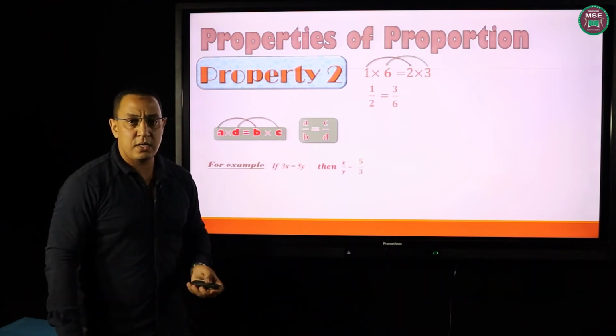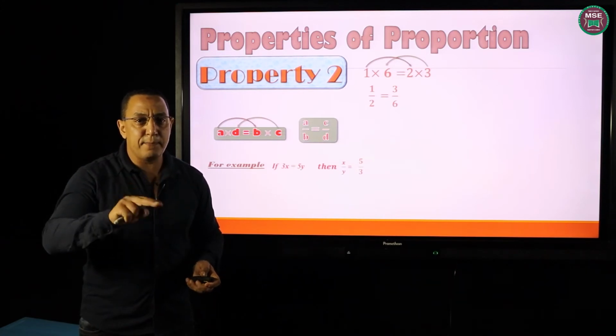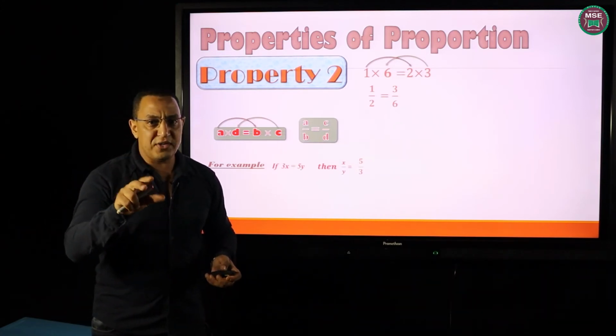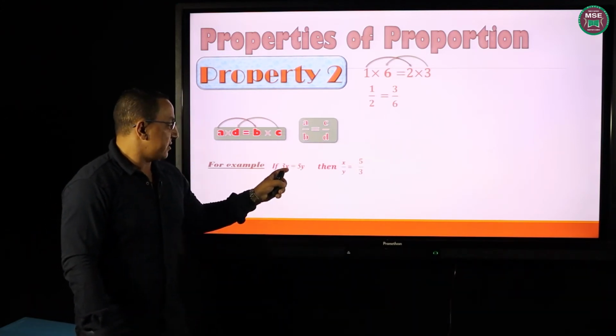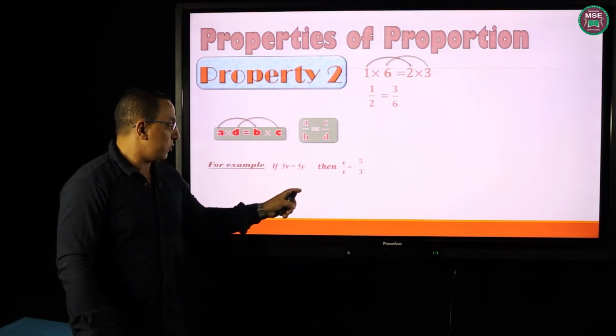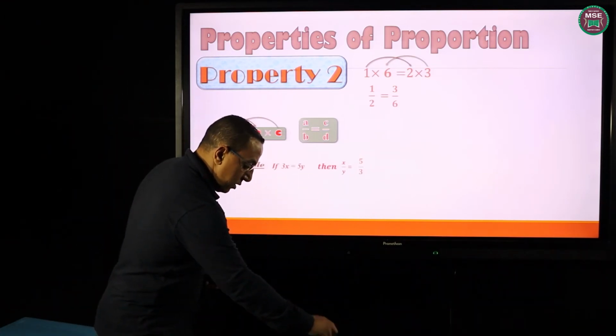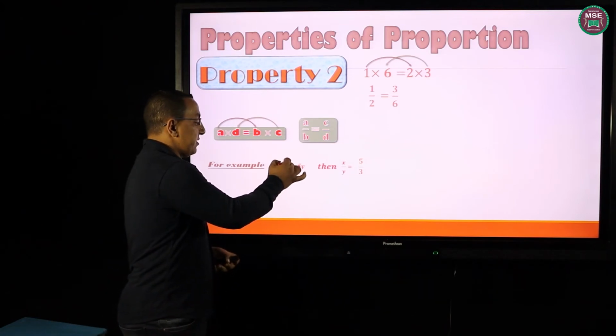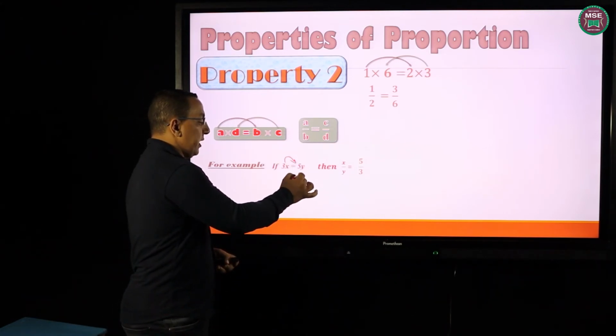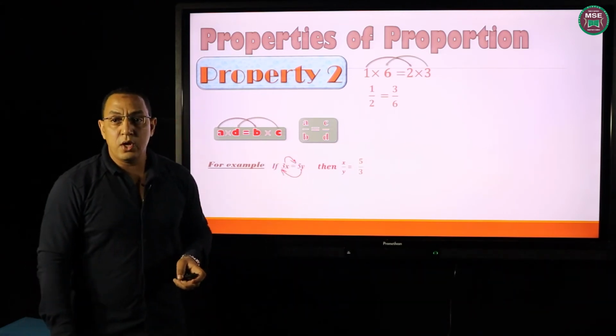By using this property, switch the coefficients of each number. Okay, x takes the coefficient of y, and y takes the coefficient of x, like this.